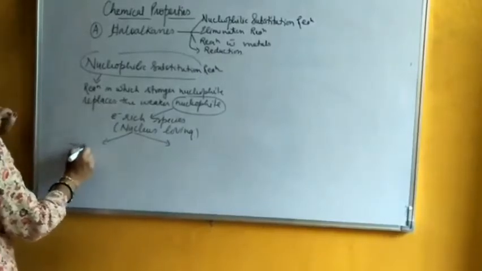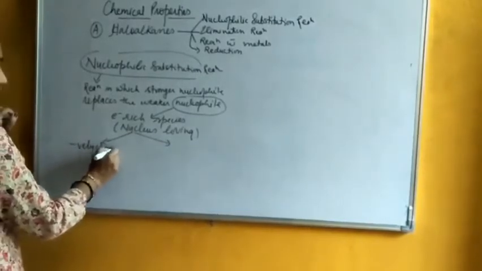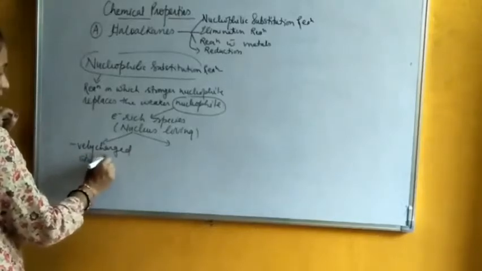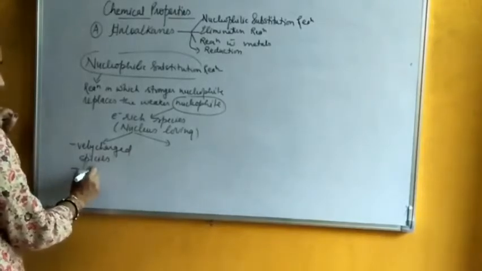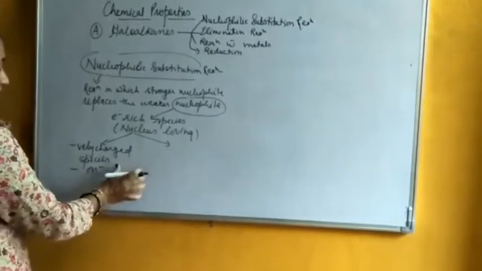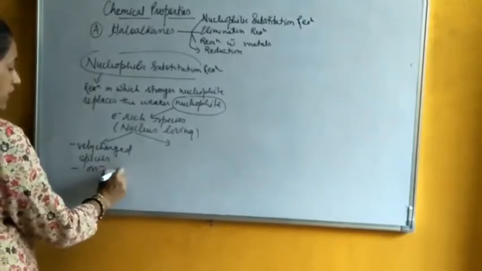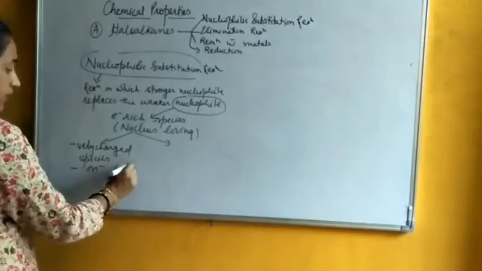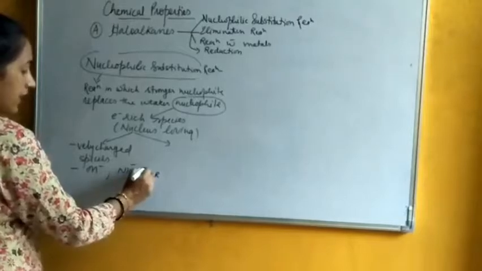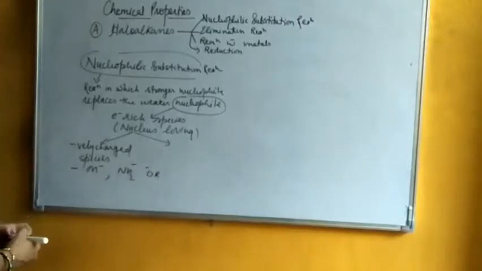One is the negatively charged species, like OH negative, right? It can be NH2 negative, or it can be RO negative.